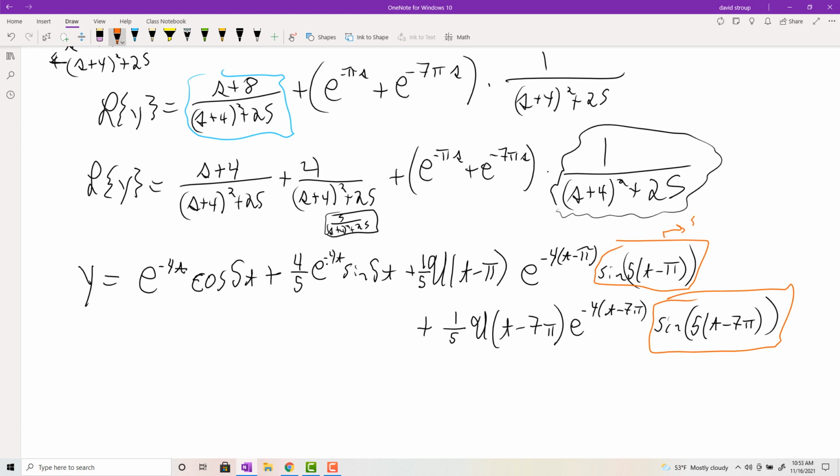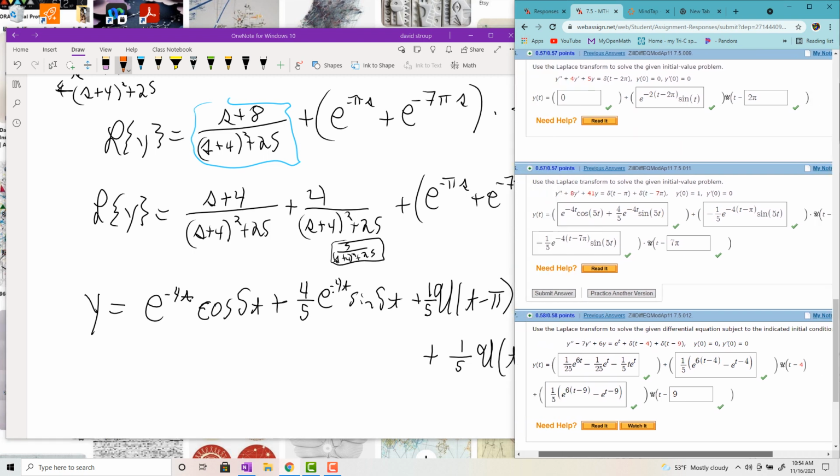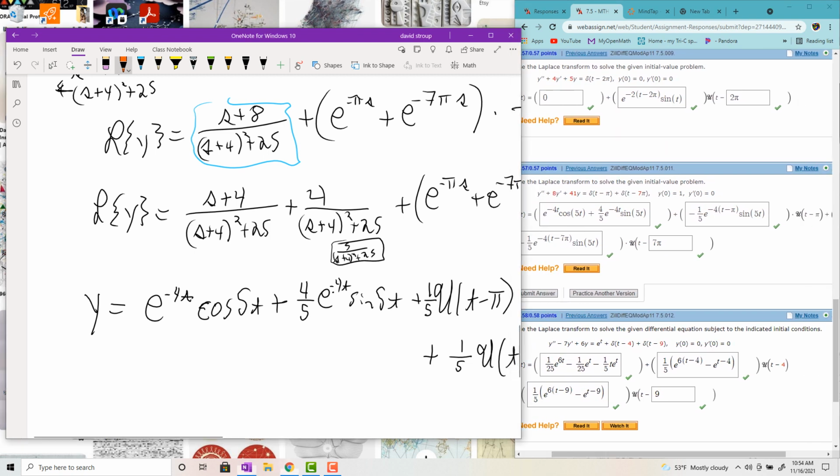This one, of course, sine 5t cosine of 5 pi, right? So that would be a negative sine 5t if you wish. And likewise for this one, that was just a negative sine 5t. Okay. Hopefully then it's all right. And I know sometimes it could be quite annoying, but I think I nailed it.